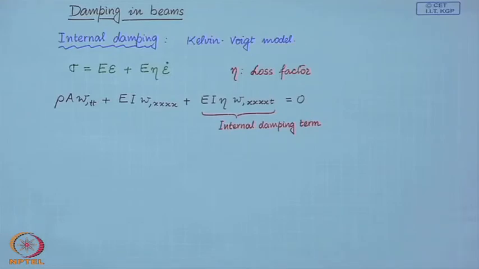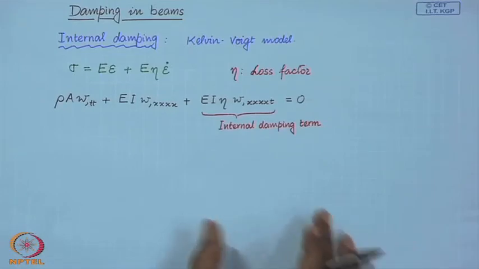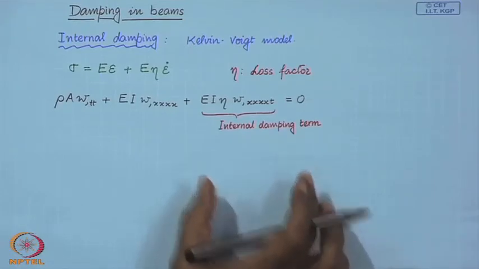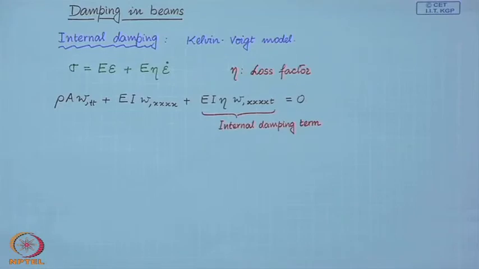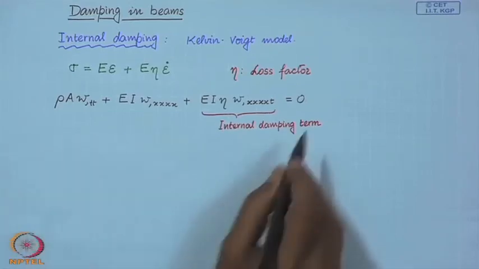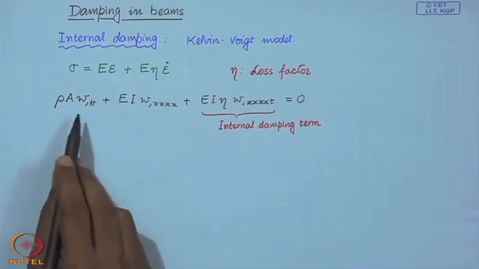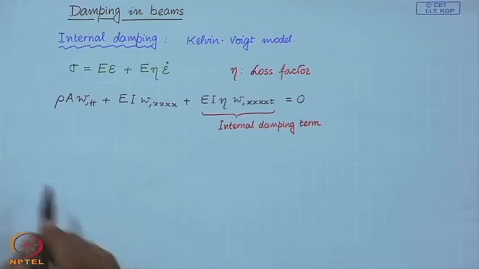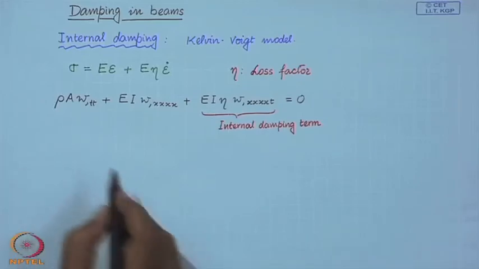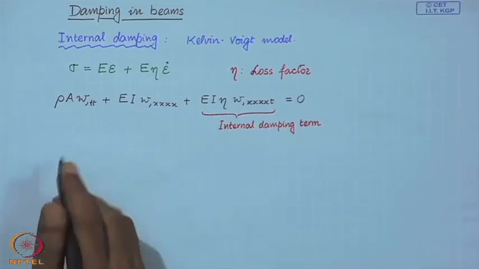Now, to see that this is really a damping term, we multiply this whole equation with the velocity del w del t and integrate over the domain of the beam, that is the length of the beam.